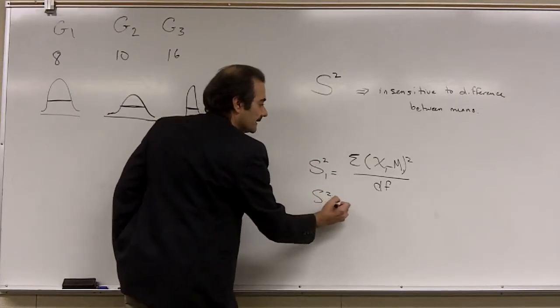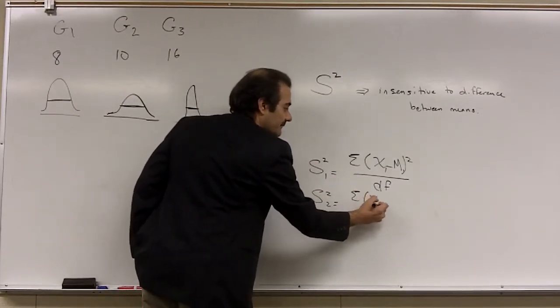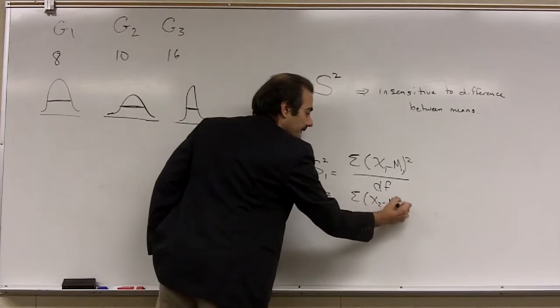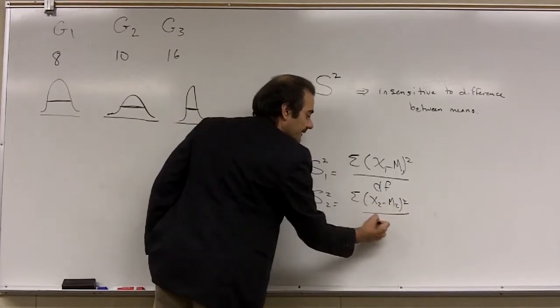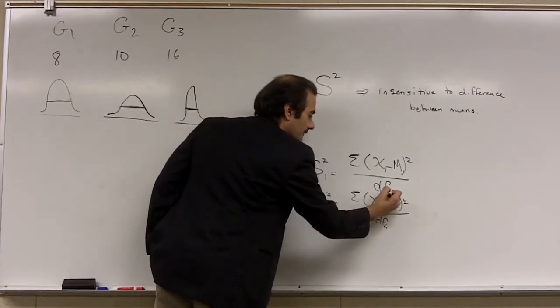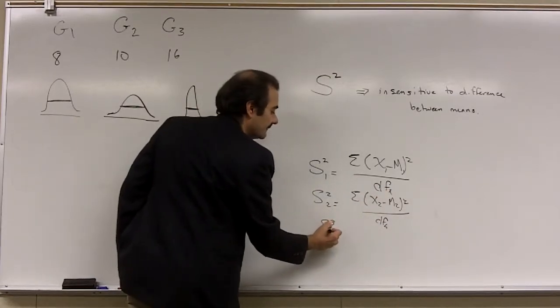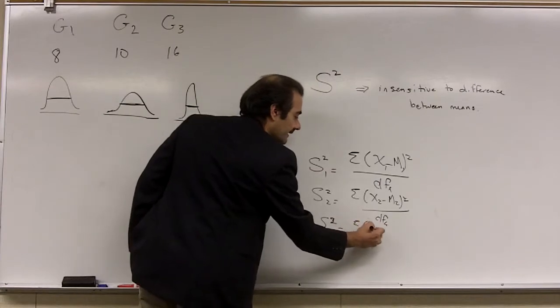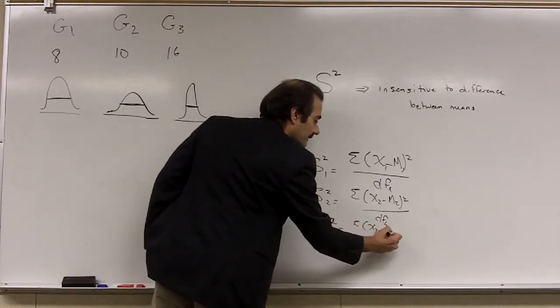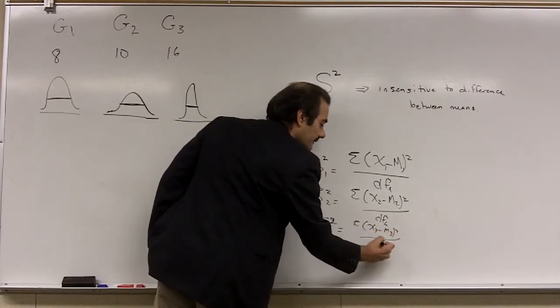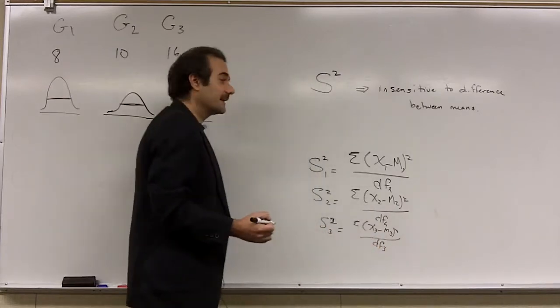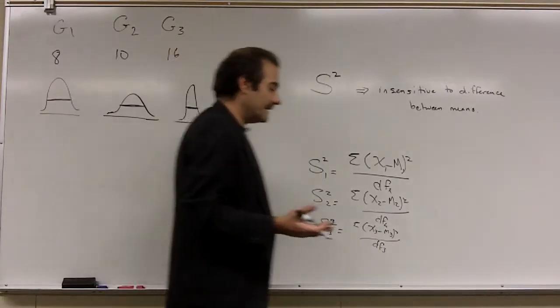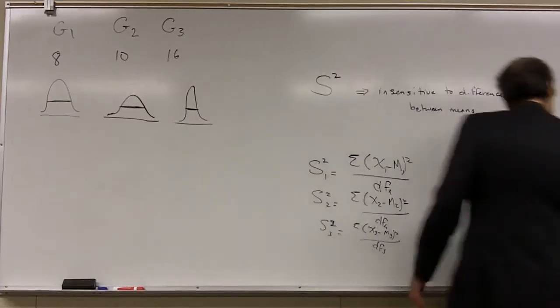S2 will be the sum of squared deviations of the second group, degrees of freedom 2. S3 is going to be the same thing, but done for the third group.